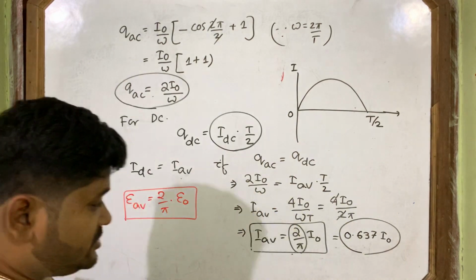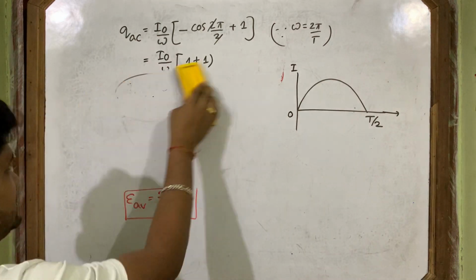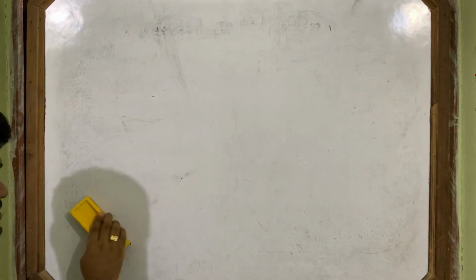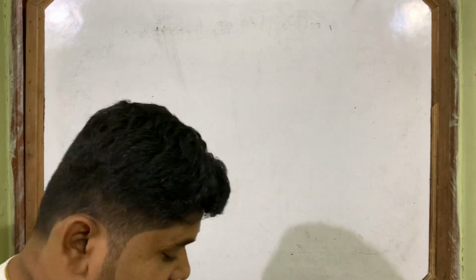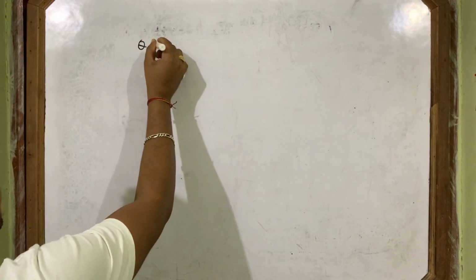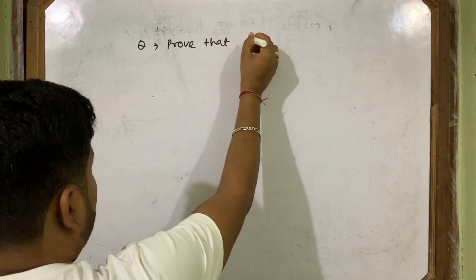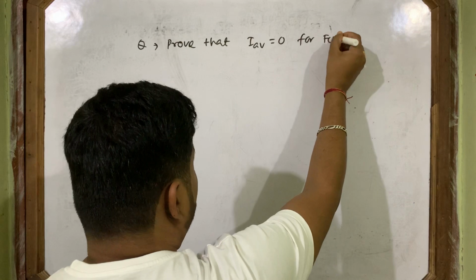But one question sometimes comes in exam here. I derived the average value for the half cycle of AC, but sometimes the question is: prove that I average is equal to 0 for full cycle.